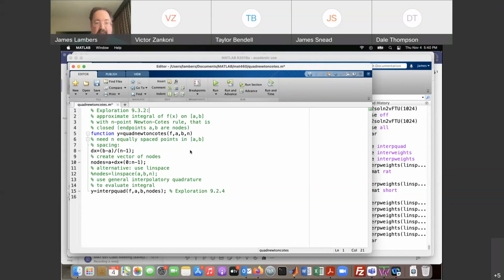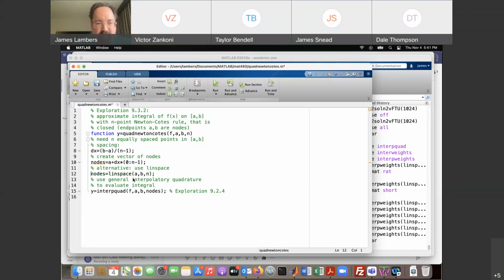Now, the easiest way to do that, one that you've seen before, is this one. I'll briefly uncomment it, using linspace. So you specify you want equally spaced points between A and B that include A and B, and you want n of them, since n is the number of nodes.